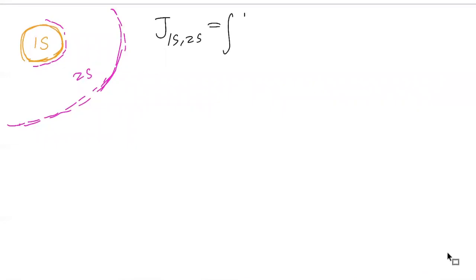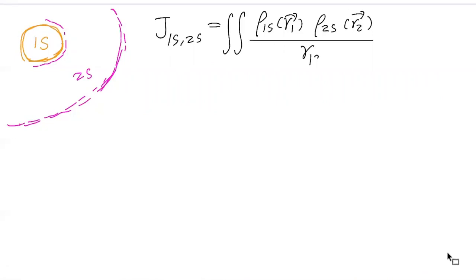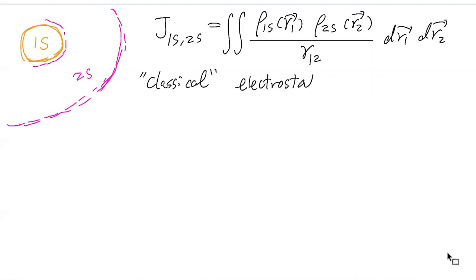This is the repulsion between the 1s electron distribution and the 2s electron distribution, divided by R12, dr1, dr2, right? This can be viewed as the classical electrostatic repulsion.